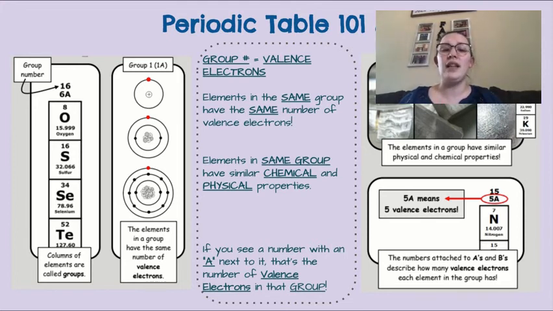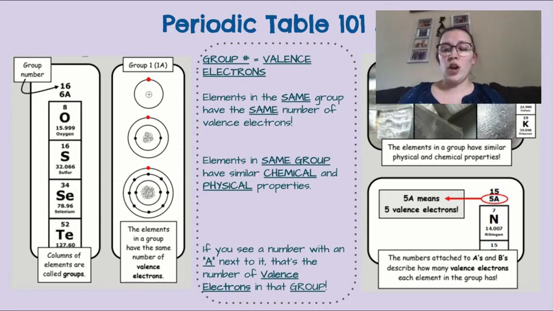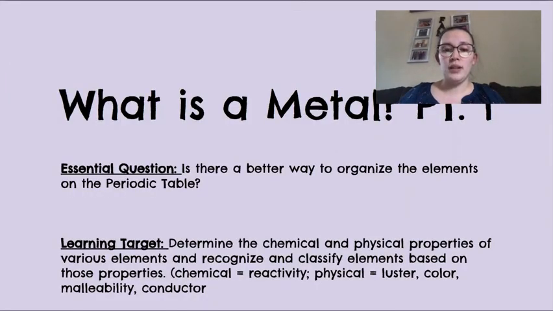If you have any questions, please do not hesitate to email me or call me, okay? I am here. So we're going over metals, nonmetals, and metalloids. Remember to use your periodic table, okay? Remember that metalloids have properties of metals and nonmetals, okay?